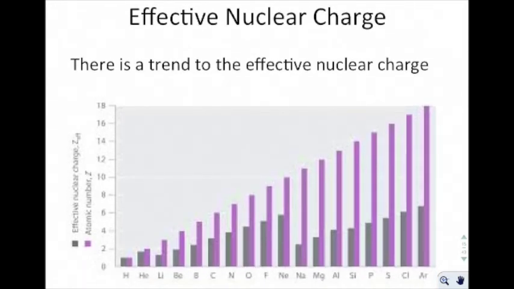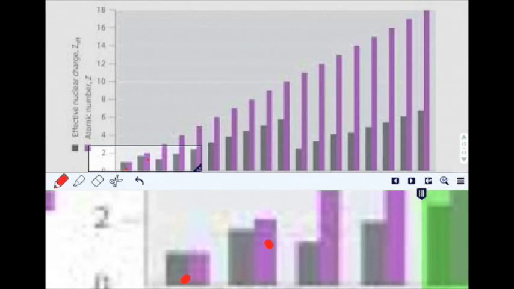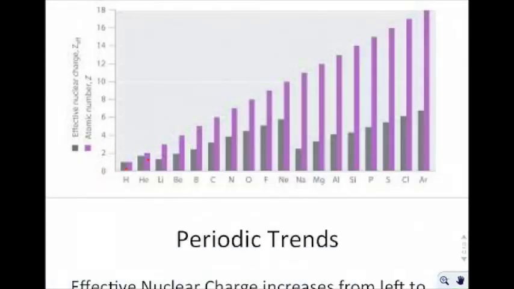There are definite trends for the effective nuclear charge. Here is a bar graph that represents the atomic number and the effective nuclear charge. The atomic number increases by 1 each time because we're going up the periodic table, so you see this steady trend. The effective nuclear charge increases, increases, increases, and then all of a sudden it drops.